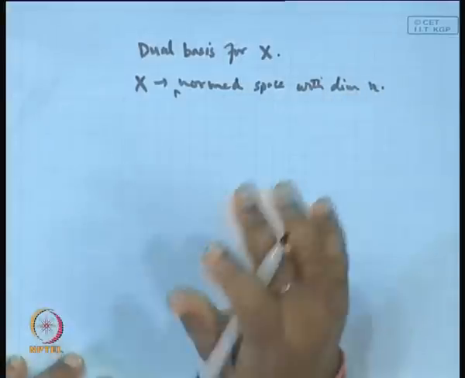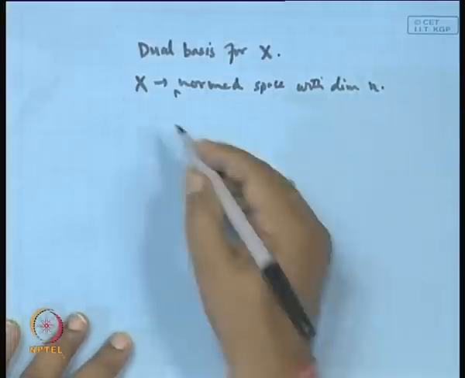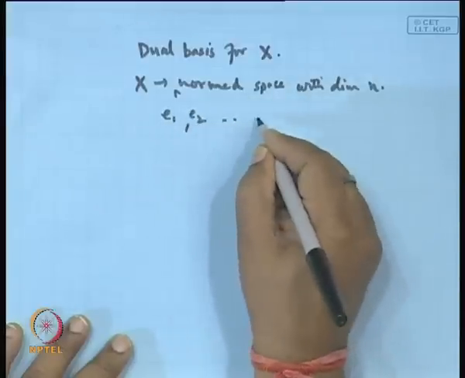Okay. So, the dimension of this normed space is n.